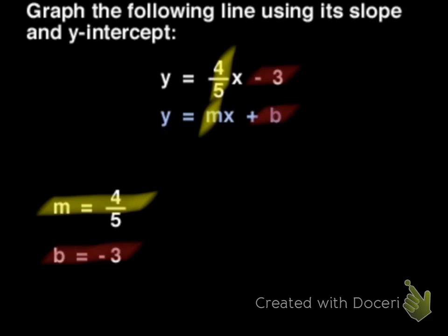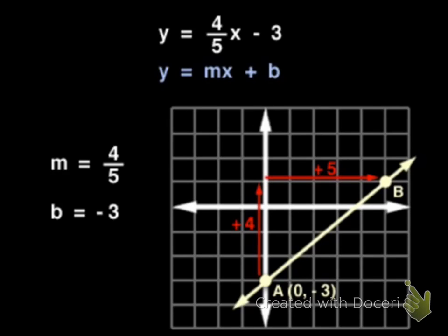So let's look at how to graph that. So that slope is rise over run, and b is my y-intercept. So at negative 3, so down 1, 2, 3.